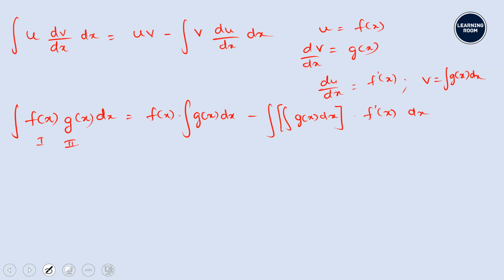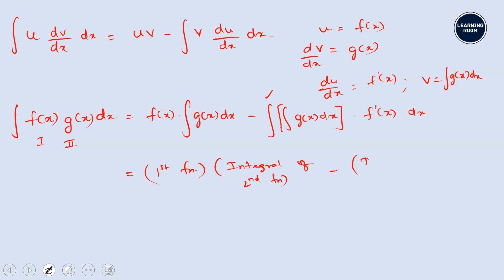So the first function is f of x, the second function is g of x. Observe. Can I say the integral of the product of first and second function is equal to the first function into the integral of the second function, minus? Then what do I have? I have another integral.